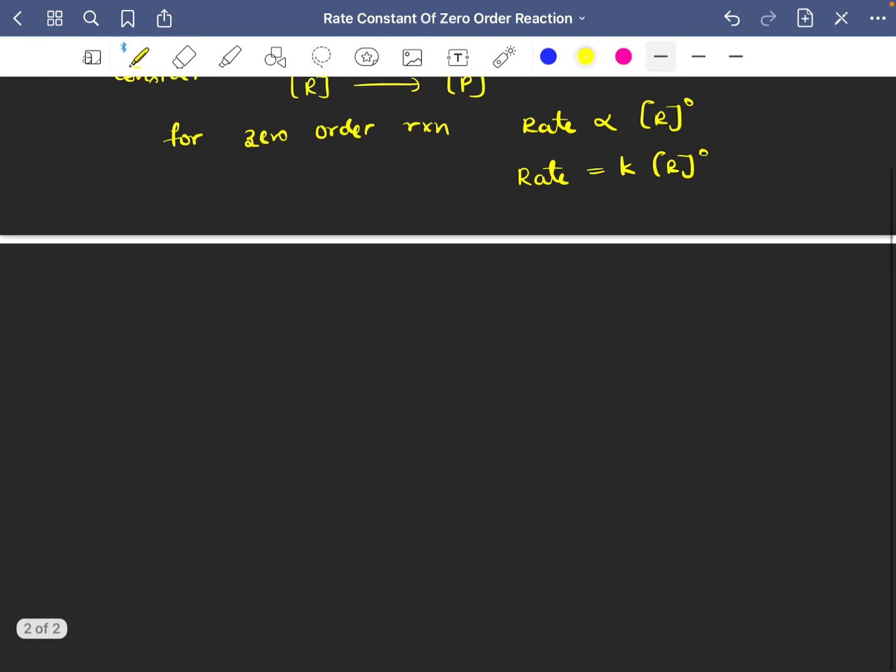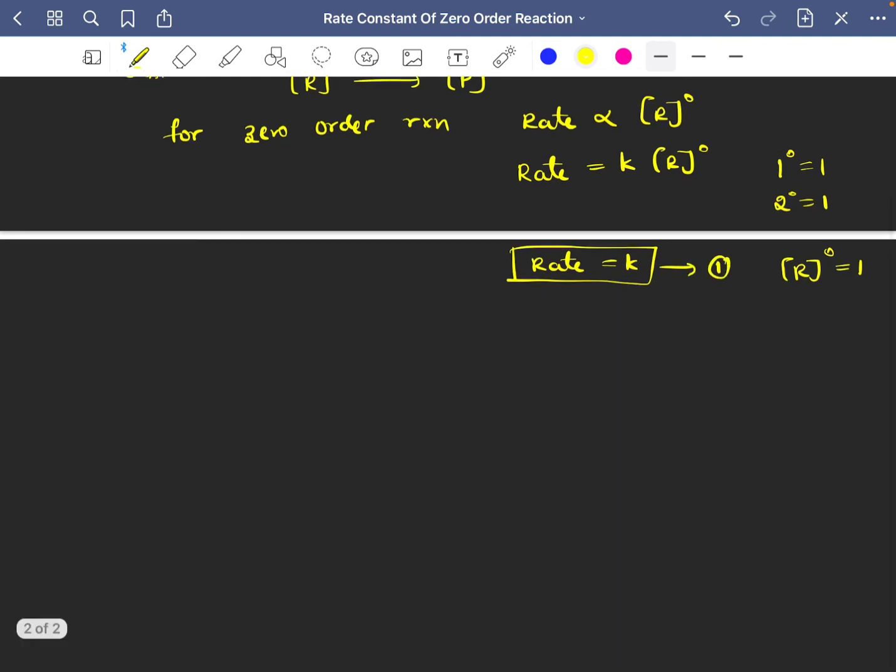And this can be written like this: rate is equal to K. Why is it like this? Because any number power 0 is equal to 1. See, 1 power 0 is 1, correct? 2 power 0 is also 1. The same way concentration of R power 0 will be equal to 1. So rate will be equal to the rate constant in the case of zero order reaction.